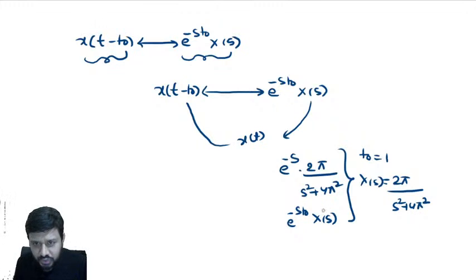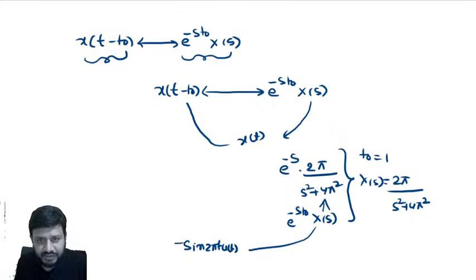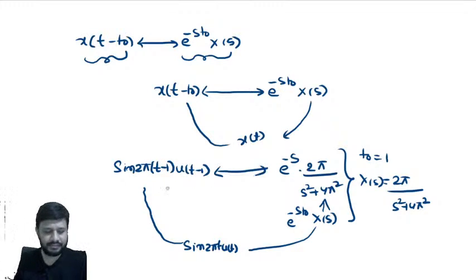Now do one thing, to this x of s, get x of t first. What is that x of t? Sin 2 pi t u of t. In this x of t, wherever you have t, replace with t minus t naught. Sin 2 pi into t minus 1 u of t minus 1. It's as simple as that.